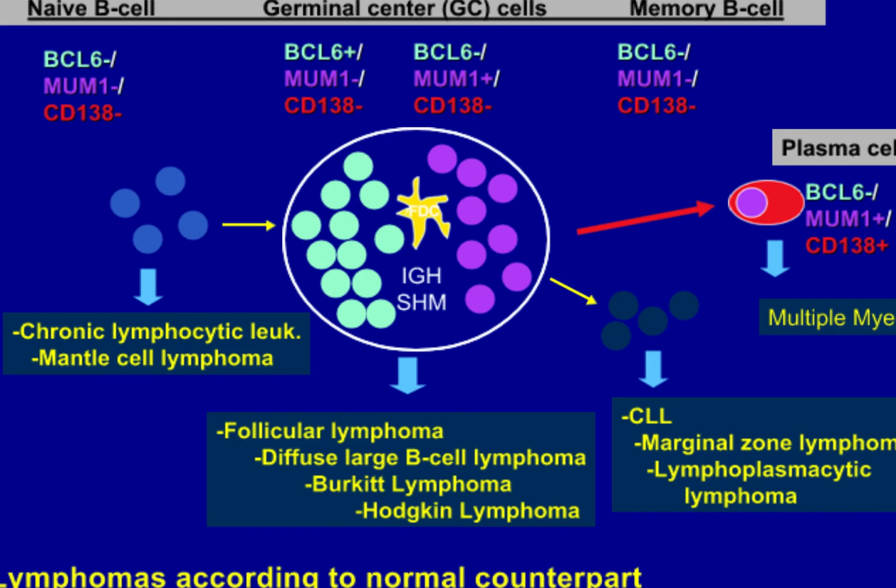As Dr. Evans noted, we basically try to take what we know about normal immunology and place those lymphomas into what look like normal cells. The point of this slide is just to show you the different kinds of things that we do. That big circle in the center is the germinal center, where B cells are developing and learning how to recognize the antigens that they're going to make antibodies against.